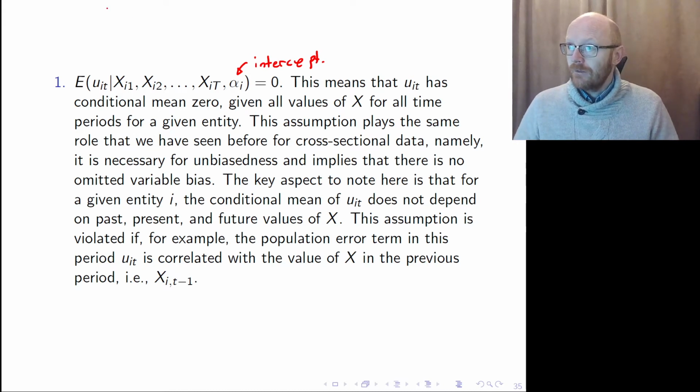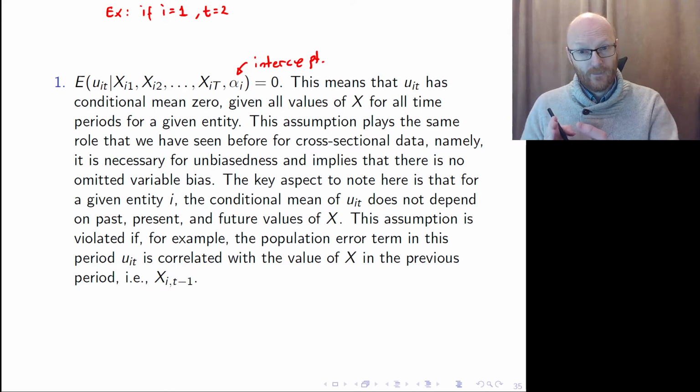So for example, if i equals 1, we take the first entity, and t equals 2, we take the second time period.